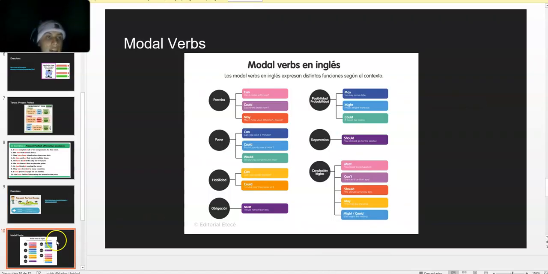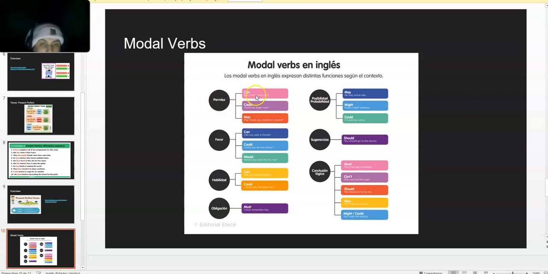And for the last, we have the modal verbs. The modal verb is one of the more difficult because you can use different verbs that mean the same thing, and you can use them in different manners, in different tenses depending on the person you talk to.